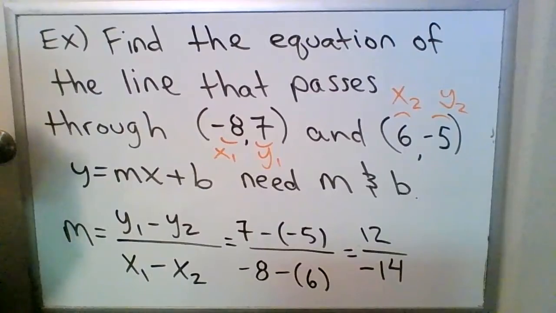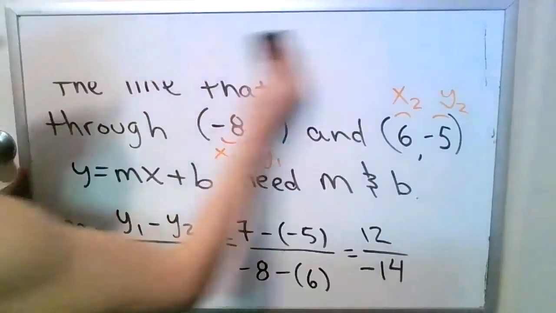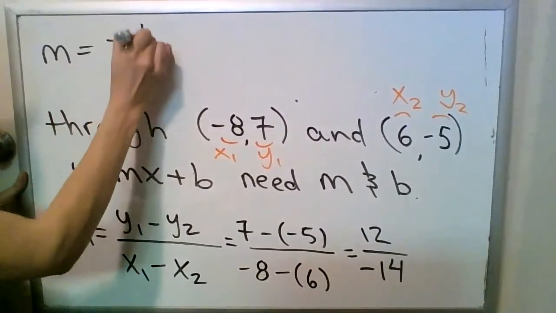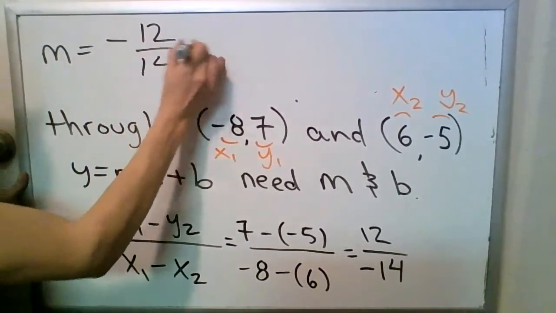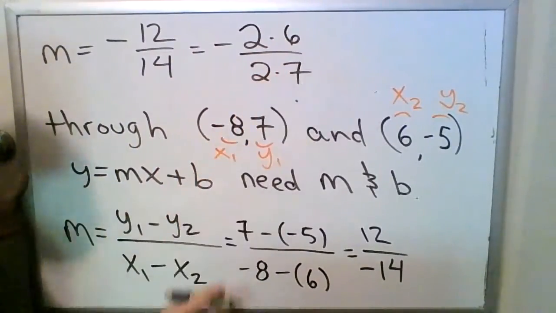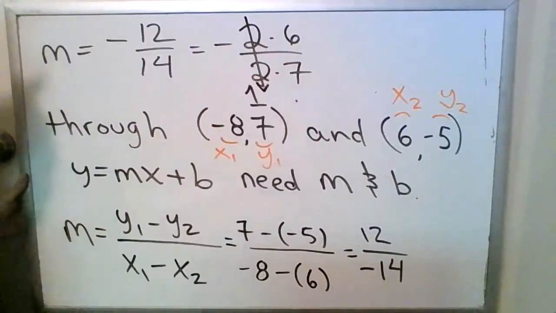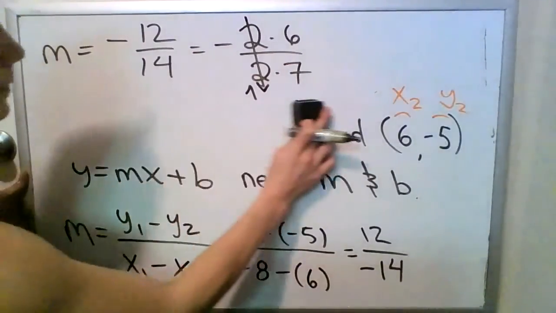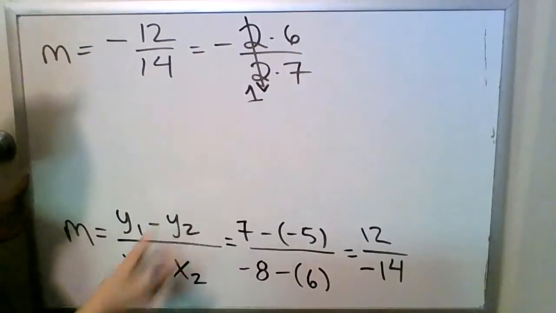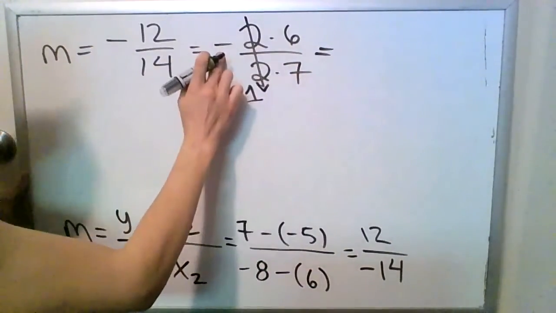I'm going to simplify my slope. I'm going to factor into 2 times 6 over 2 times 7. 2 over 2 reduces to 1, and 1 times 6 over 7 is 6 over 7. Oh, and don't forget that negative sign.